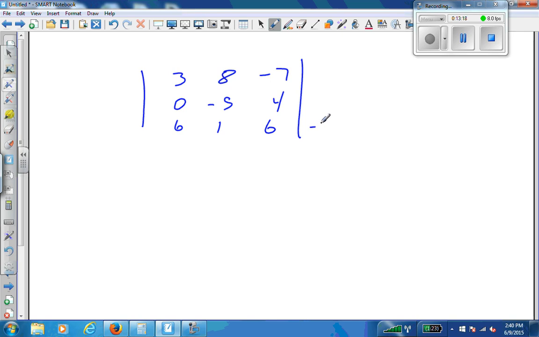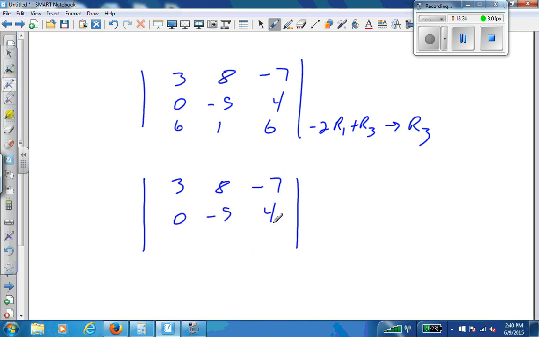So let's do negative 2 times the first row plus the third row to get our new third row. So we have 3, 8, negative 7, 0, negative 5, 4. And if we do negative 2 times this, that's negative 6 plus 6 is 0. Negative 16 plus 1 is negative 15. Negative 2 times this, that's 14 plus 6 is 20.